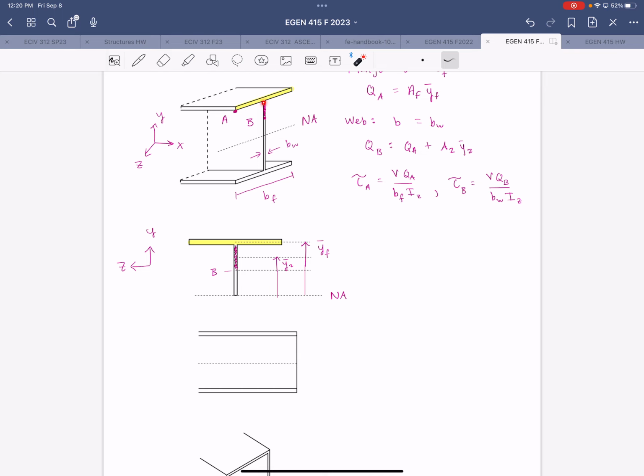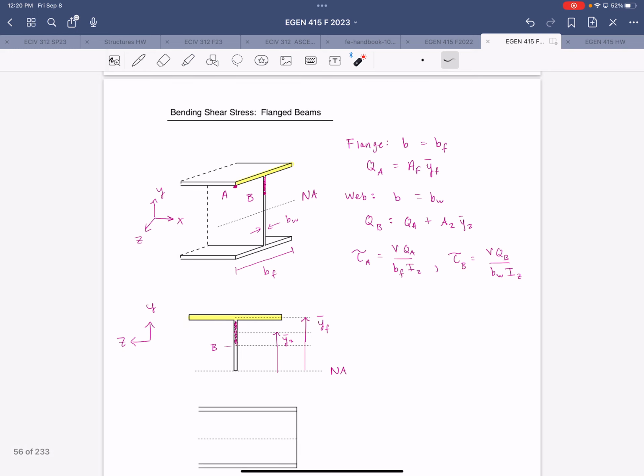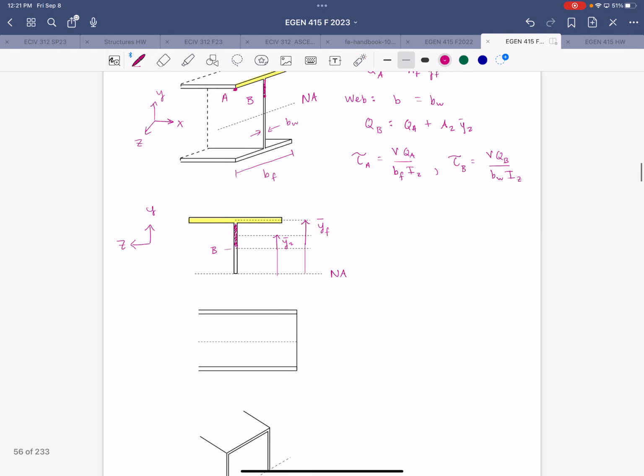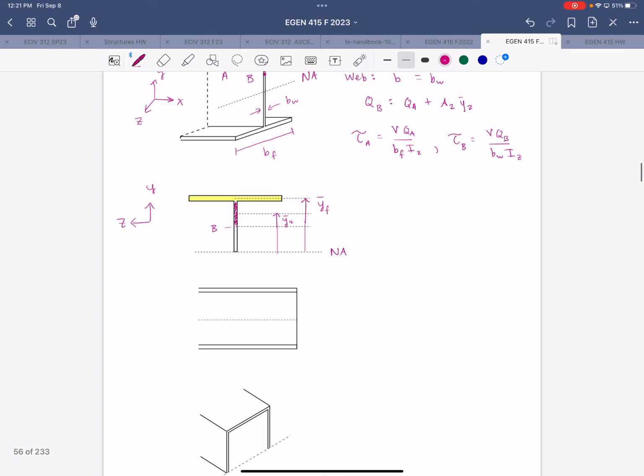If you consider a point that's at the top of the web, it's going to have the same Q as point A, but it's going to have a different width. So the shear stress is going to jump significantly in magnitude with a smaller width at the web. So we can expect that profile if we're now looking in the XY plane. All right, so here's your neutral axis.